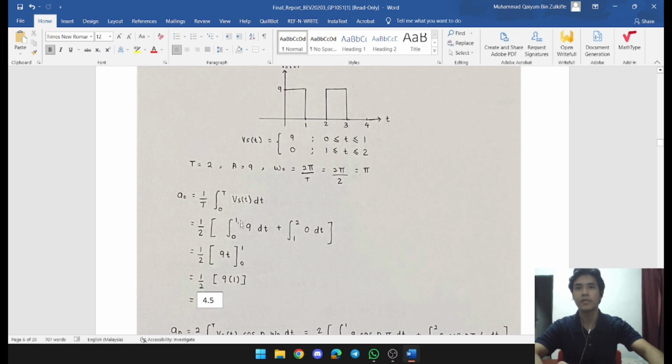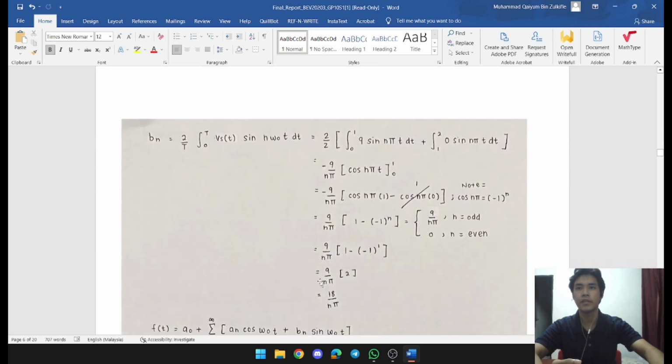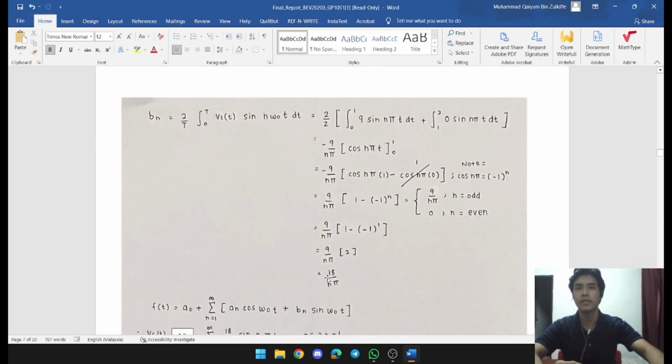For the first step, we begin our Fourier series calculation to find A naught, which is 4.5, A n, which is 0, and finally B n, which is 18 over n pi.